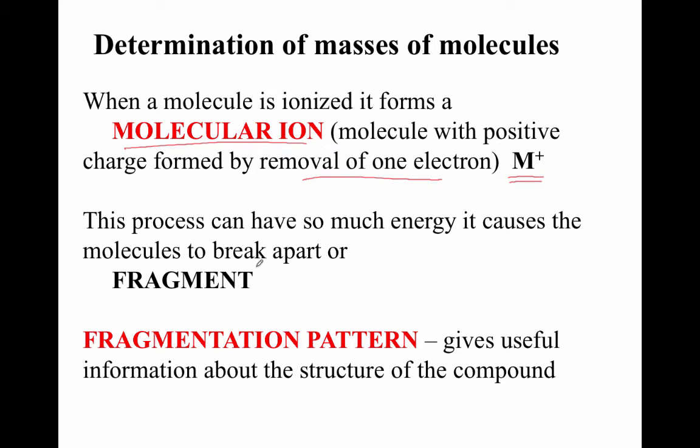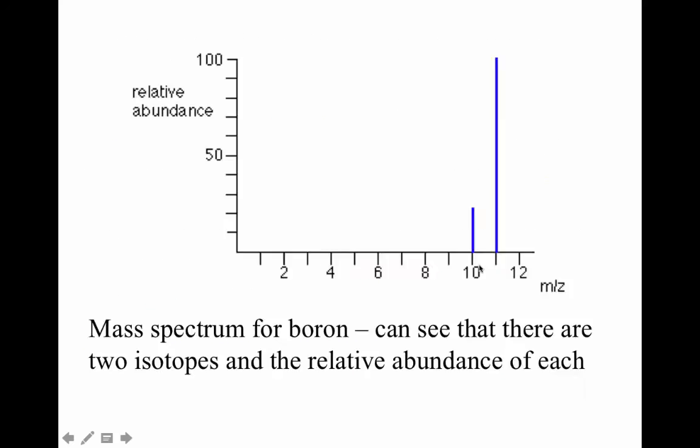And again, because of all that energy, the molecule sometimes breaks apart and makes fragments. Those fragments will sometimes have a positive charge. If they have a positive charge, then it is going to show up as a peak.